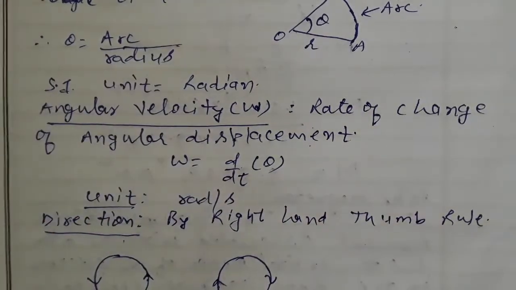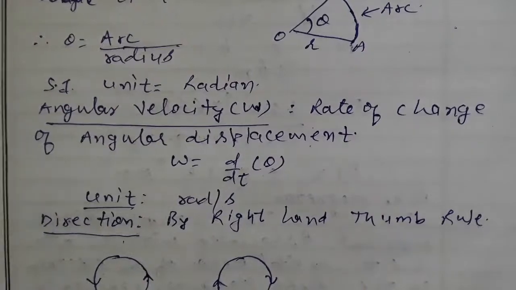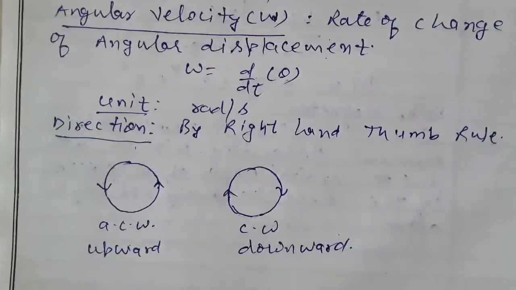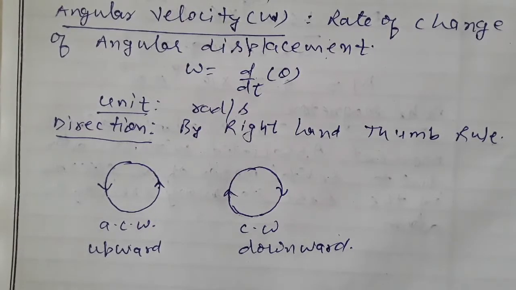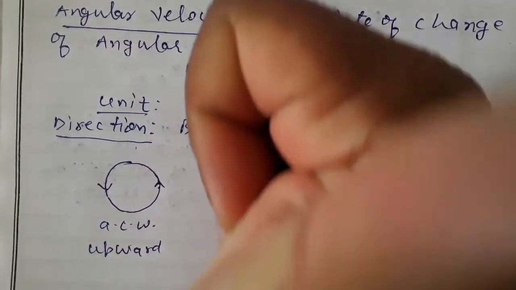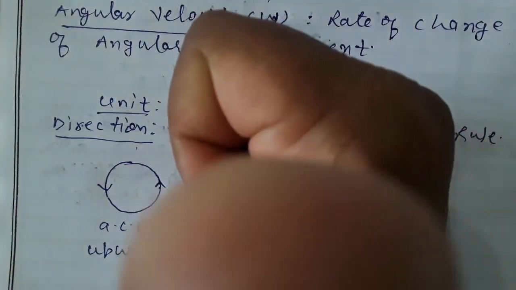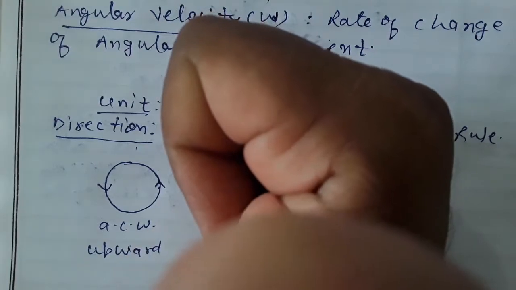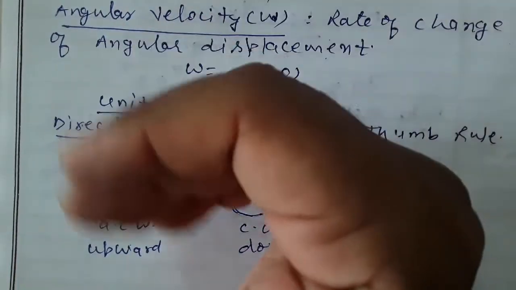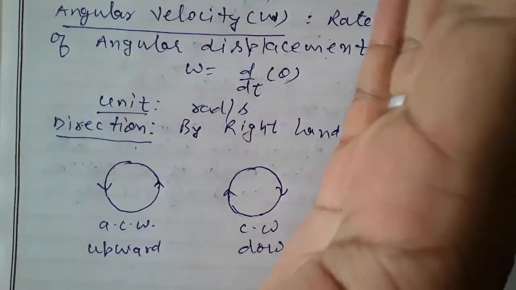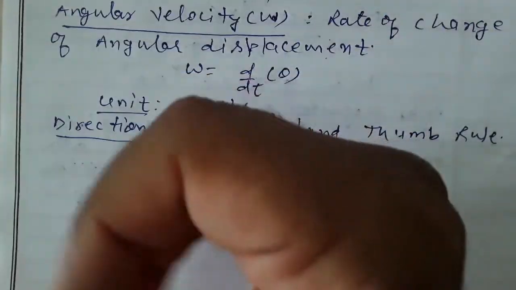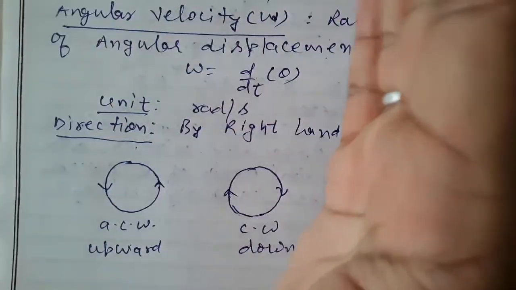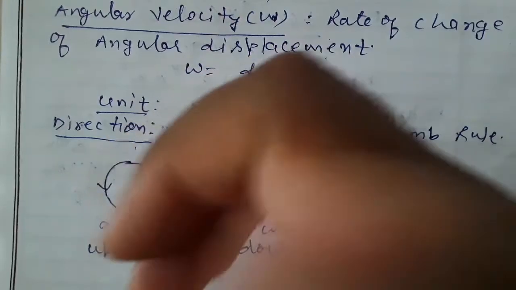Angular velocity is a pseudo vector, so we can find its direction by the right hand thumb rule. If we curl our fingers in the direction of motion of the object, the thumb gives the direction.